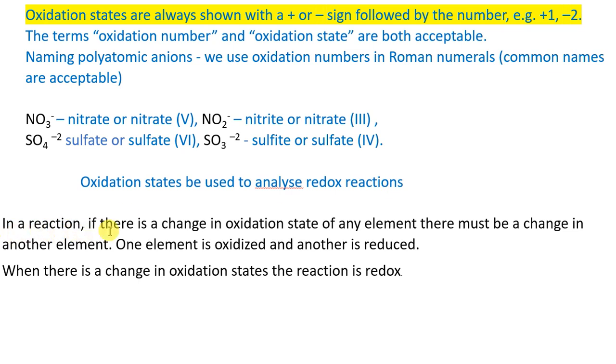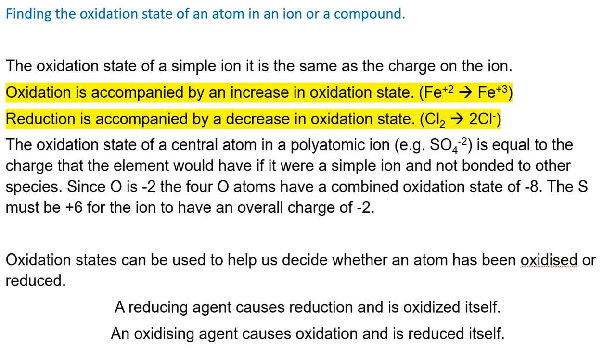In a reaction, if there's a change in oxidation state of any element, there must be a change in another element. I'm saying that whether the elements are combined with other elements in a molecule or polyatomic ion, or whether they're as the element itself. Something is going to be oxidized, another is reduced, if there's a change in oxidation state. And when there is a change in oxidation state, the reaction is redox.